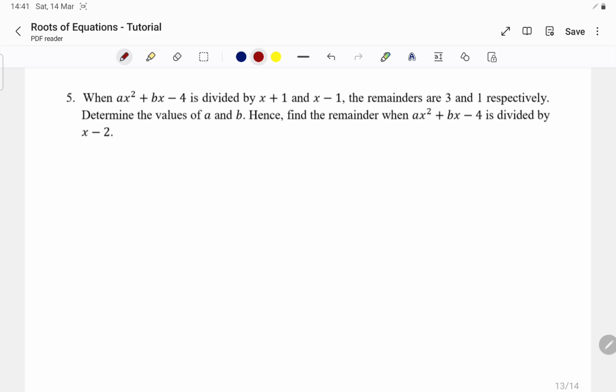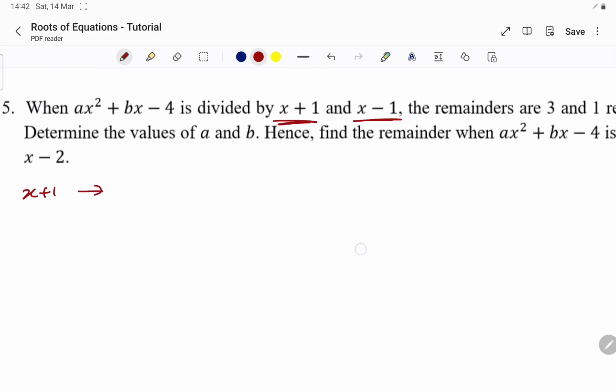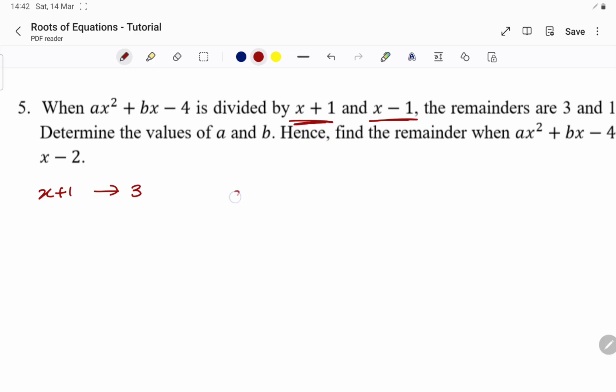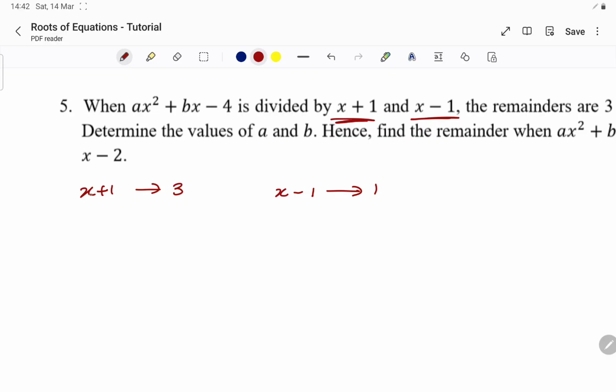So when they say this function is divided by x plus 1 and x minus 1, for x plus 1 the remainder is 3, and for x minus 1 the remainder is 1. So by right, when x plus 1 is a factor, we have x equal to negative 1.